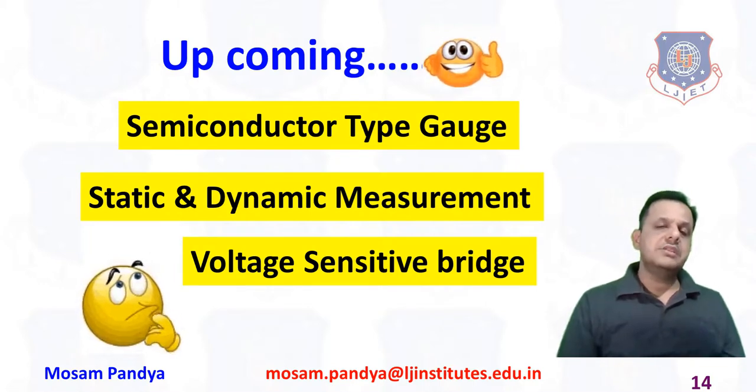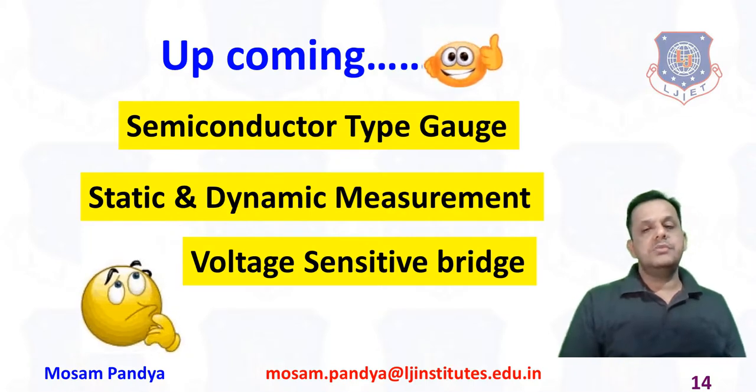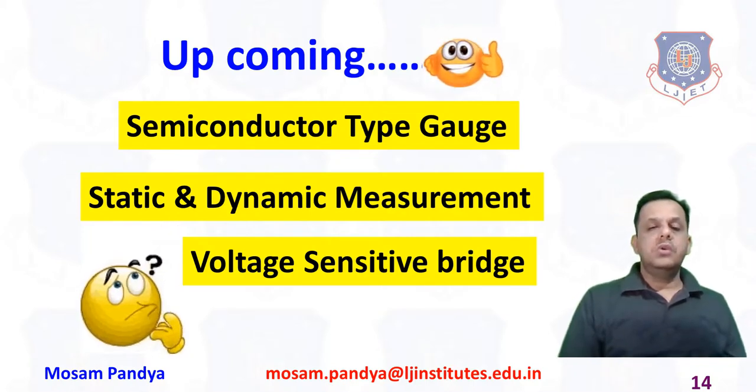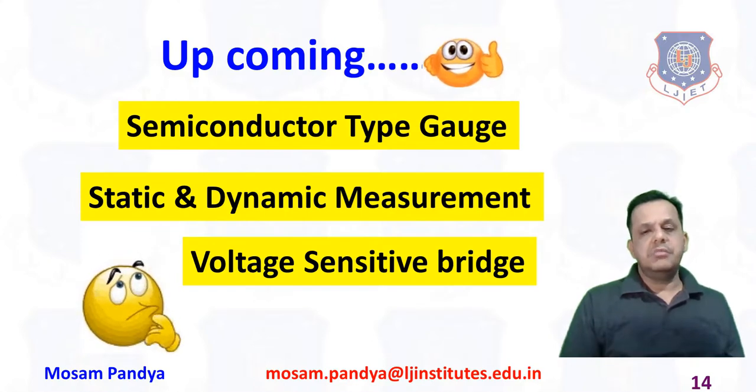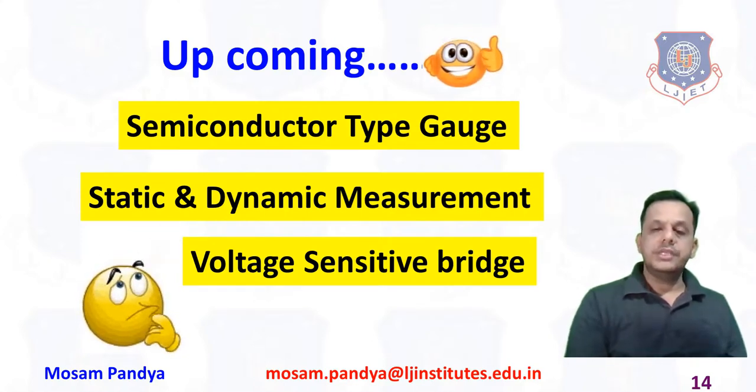Soon we will be releasing the question bank, and in the question bank you will find this question asked repeatedly, voltage sensitive bridge. And in further upcoming sessions, we will look at the fiber optic type strain gauge and some minor calculation, and your chapter will be over.